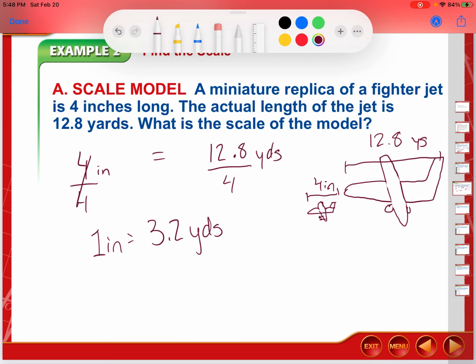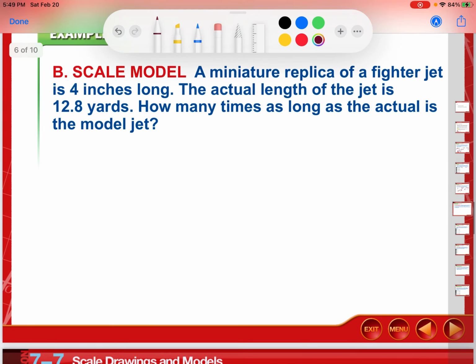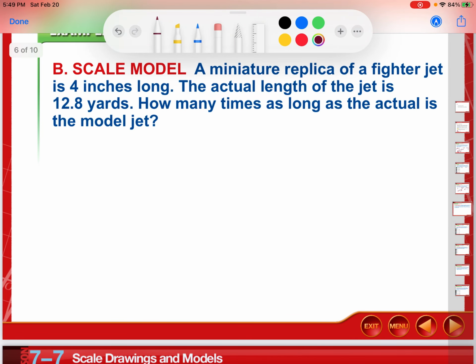So we typically want 1 of something equals the bigger thing. So whether it's 1 inch equals 3.2 yards or 1 foot equals 200 miles, whatever, we want to get it to 1 equals something else. So that's how we found our scale factor.